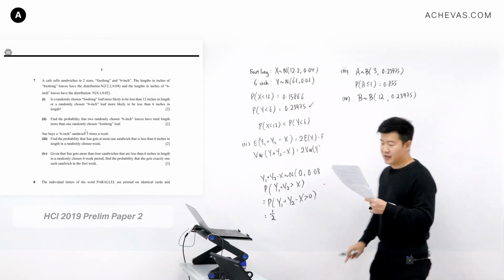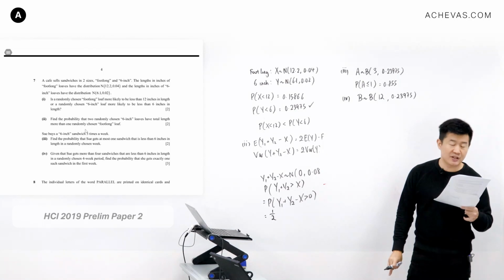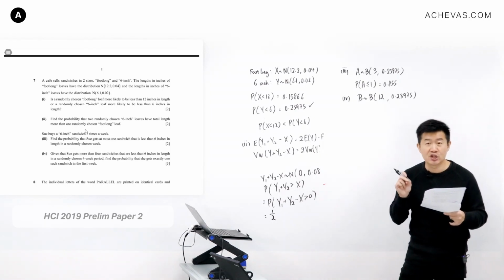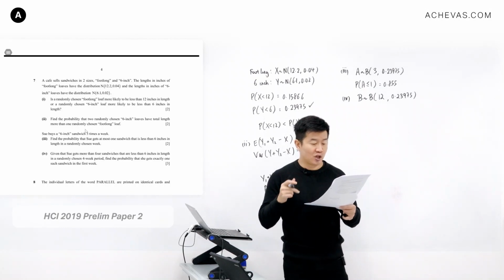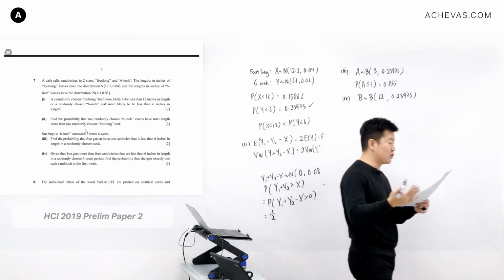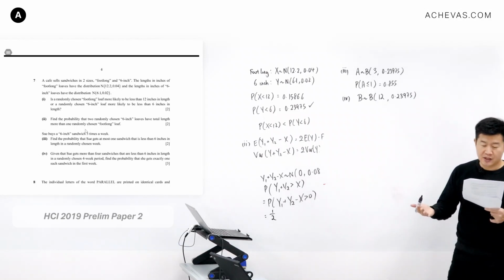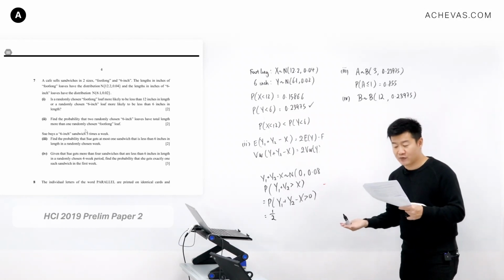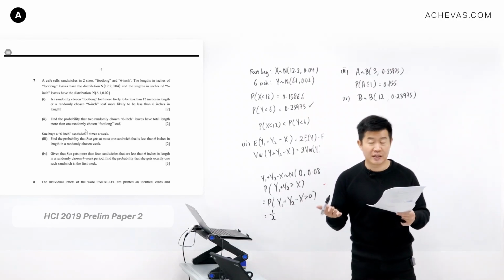Given that this happened, I want to find the probability that she gets exactly 1 such sandwich in the first week. So this is a conditional probability. The condition that is given to you is that Sue is going to get more than 4 such sandwiches in 4 weeks. The probability that we are supposed to find is for Sue to get exactly 1 such sandwich in the first week.